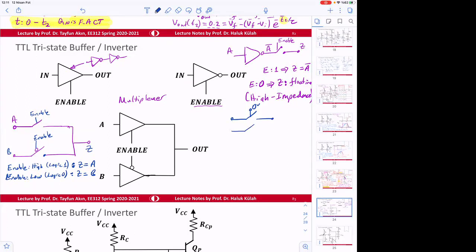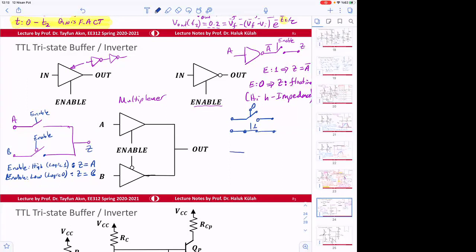When you apply logic 1, maybe I shouldn't say 0 volt, but 0 here. That's the connection. That's the device, how it works.